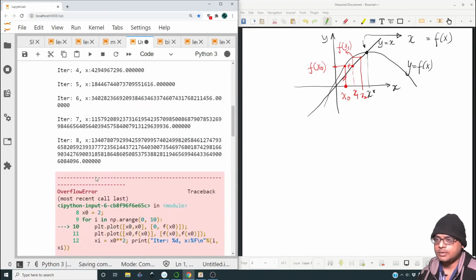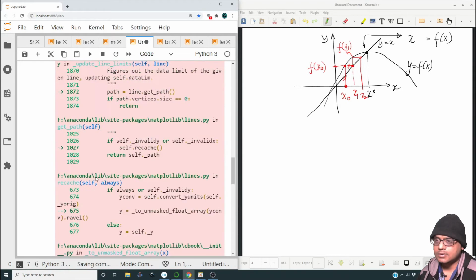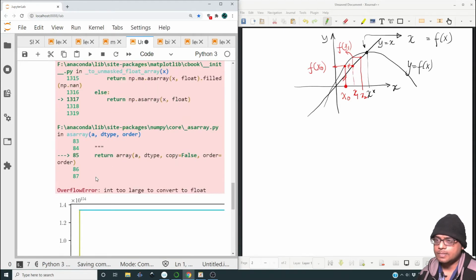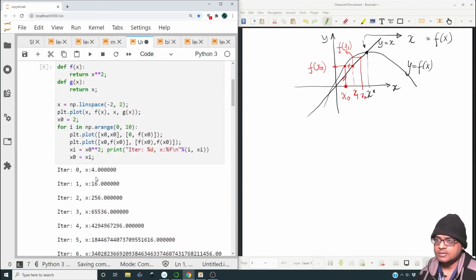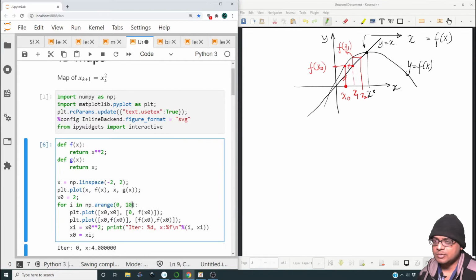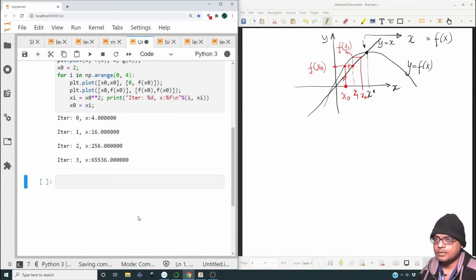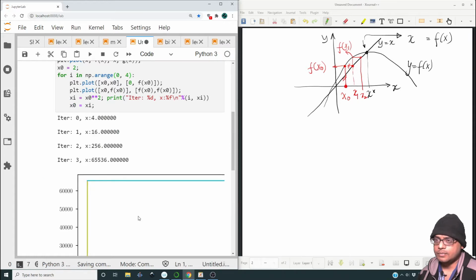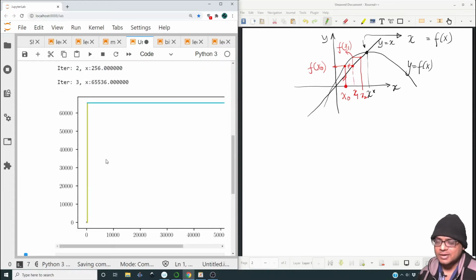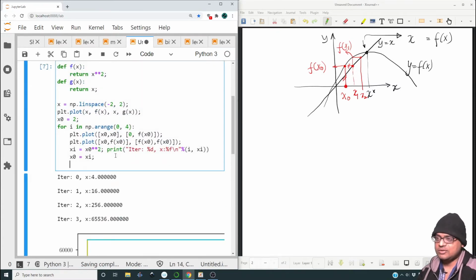All right. Okay, that's okay. We need to make a lesser number of iterations, or maybe only 4. It's flying away. So let me focus our attention in the vicinity. I need to change the plot limits.